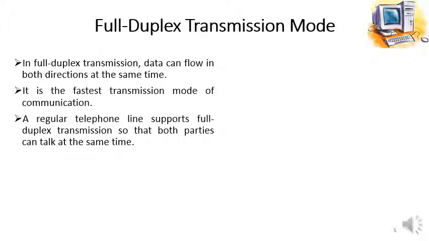So in such type of transmission mode, both ends, that is the sending and receiving end, can perform both functions at the same time, that is sending and receiving, or they can communicate simultaneously with each other. They don't have to wait for the other party to finish their transmission, or to finish their sending of data, and then send their own response. They can talk to each other simultaneously.